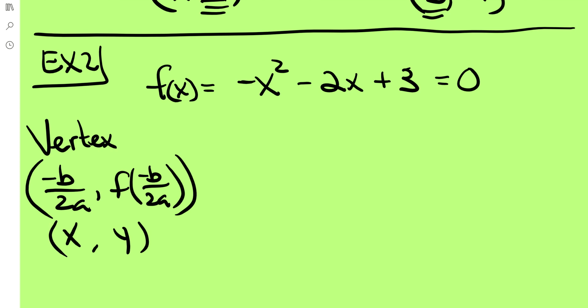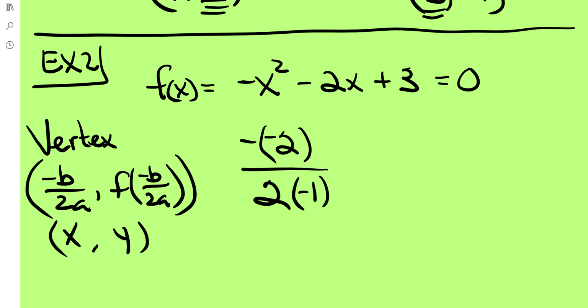So I've got negative b, which is negative negative 2. I'm finding the vertex given the original equation. So negative negative 2 over 2 times a, and this time a is negative 1. With that negative in front, this vertex is going to be a maximum, at the top of the parabola.